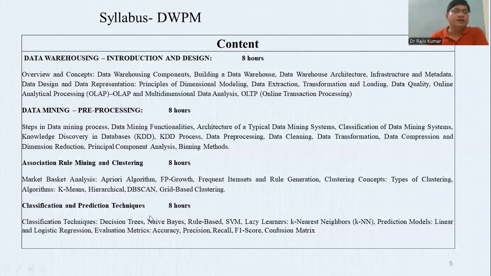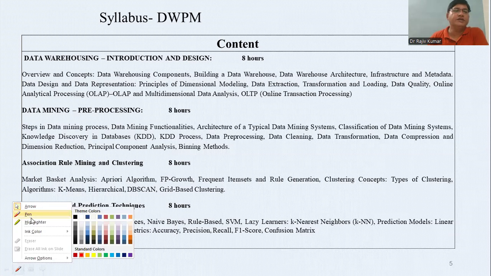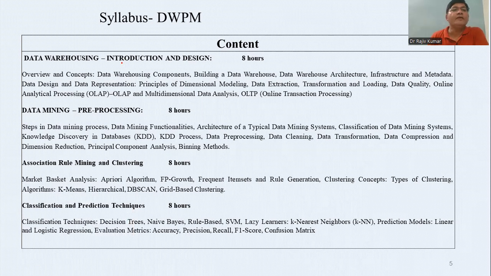So these are the contents of your subject. The subject is divided into 4 units. The first part consists of data warehousing, introduction and design. This is of 8 hours duration.